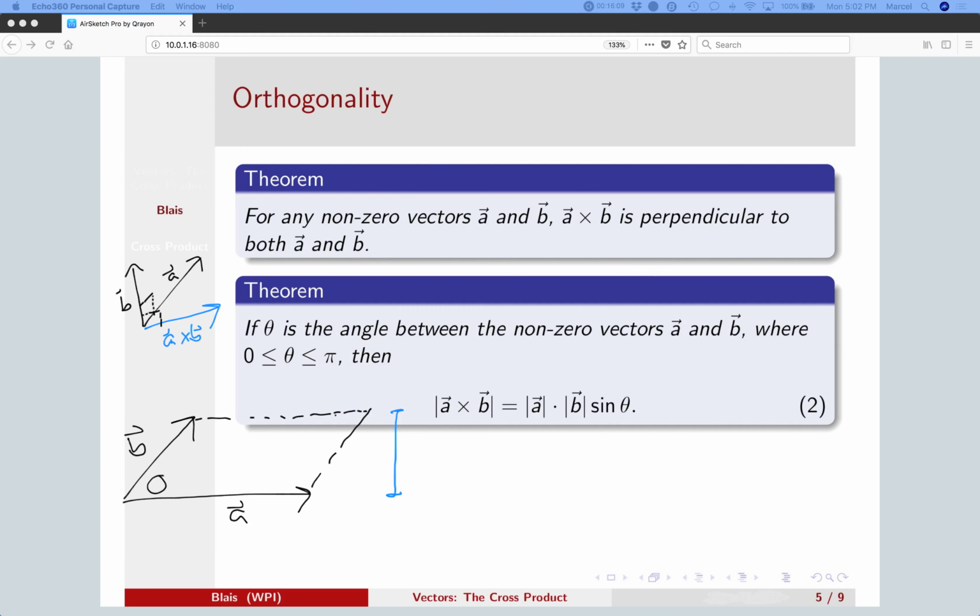If this theta is our angle between the two vectors A and B, the height of this parallelogram is, it's coming over and using this leg of this triangle. And so you want to think of your SOHCAHTOA rule. So sine is opposite over hypotenuse. So the length of this B, well, the length of this vector here is the length of B. So this opposite is going to be the length of B times sine of theta.